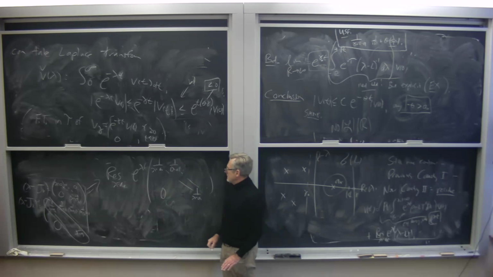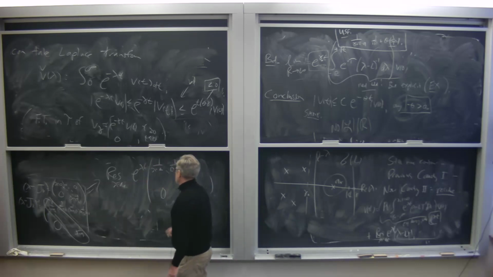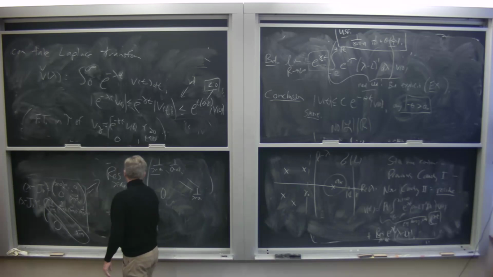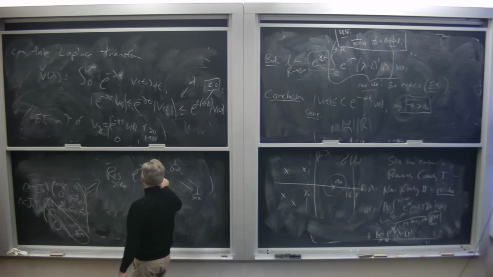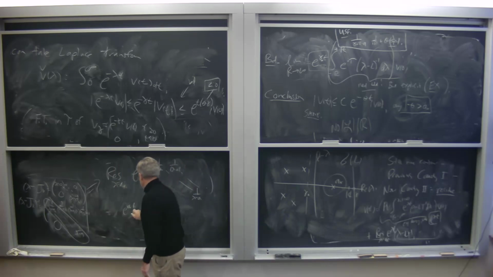So when we take the residue, the diagonal terms give us just e to the a star t. We just evaluate this part, and then we get a residue of 1.